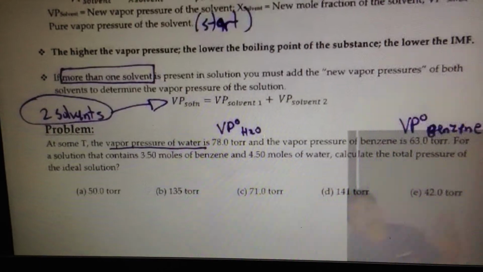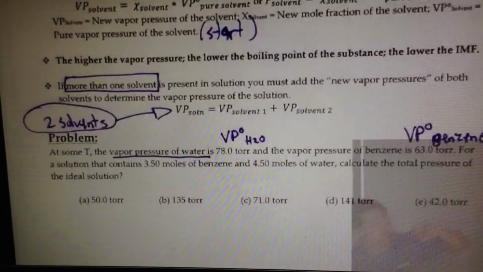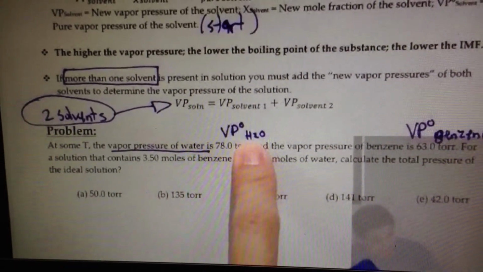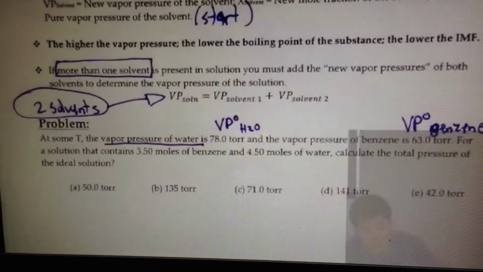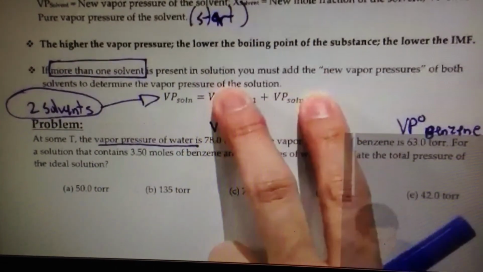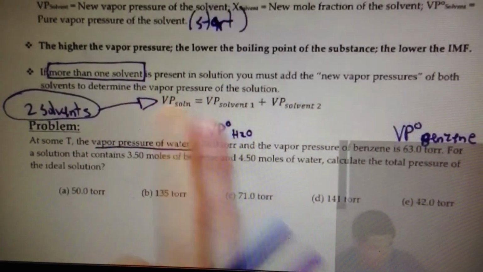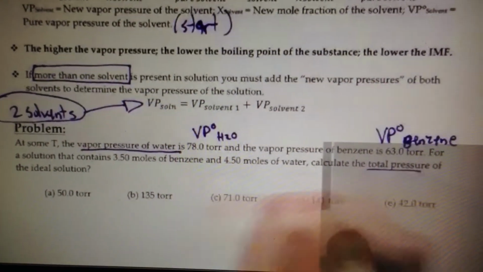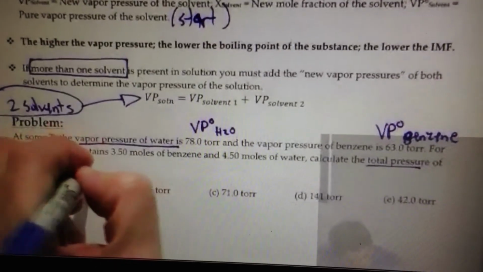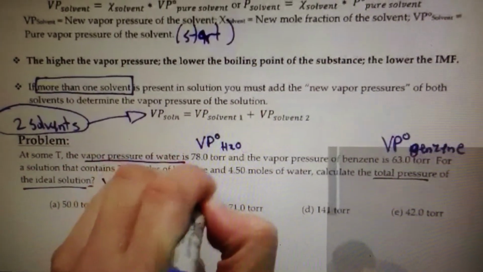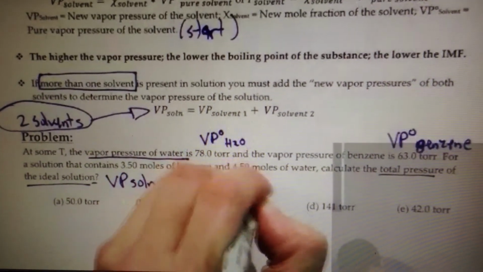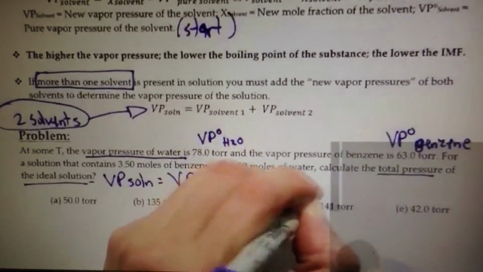If you only have one vapor pressure given, then you only have to worry about one. But since you have two, you should add both of the new ones to get the VP total. So when they say calculate the total pressure of the ideal solution, we're basically going to do VP of solution equals VP of water plus VP of benzene.